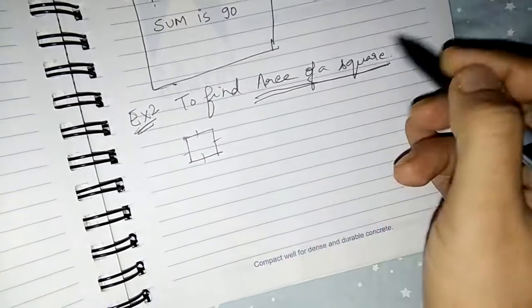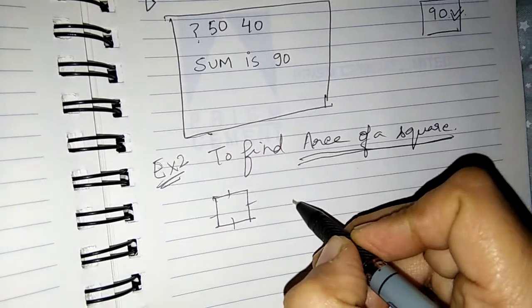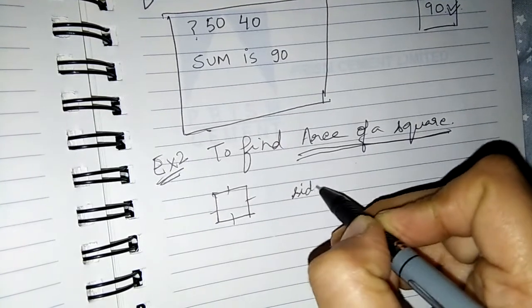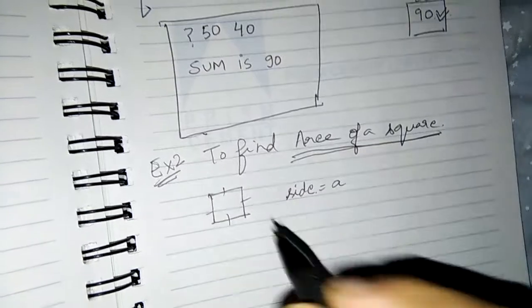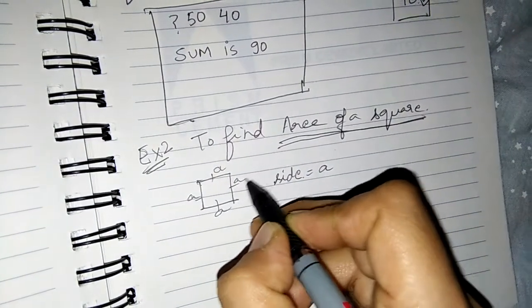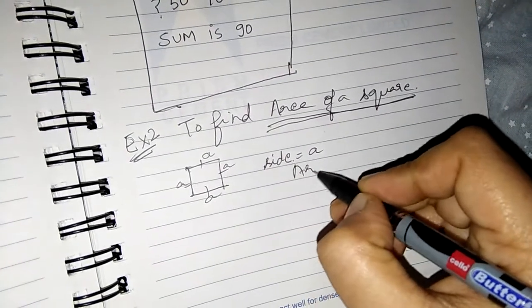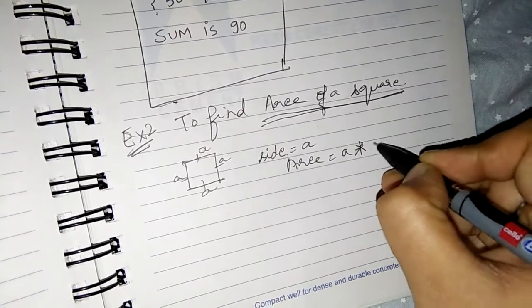So when all sides are equal, we only need to enter a single side. Suppose it is A, but this will be A, this will be A, this will be A, and this will be A. And the formula for the area of a square is A into A, that is, side squared.